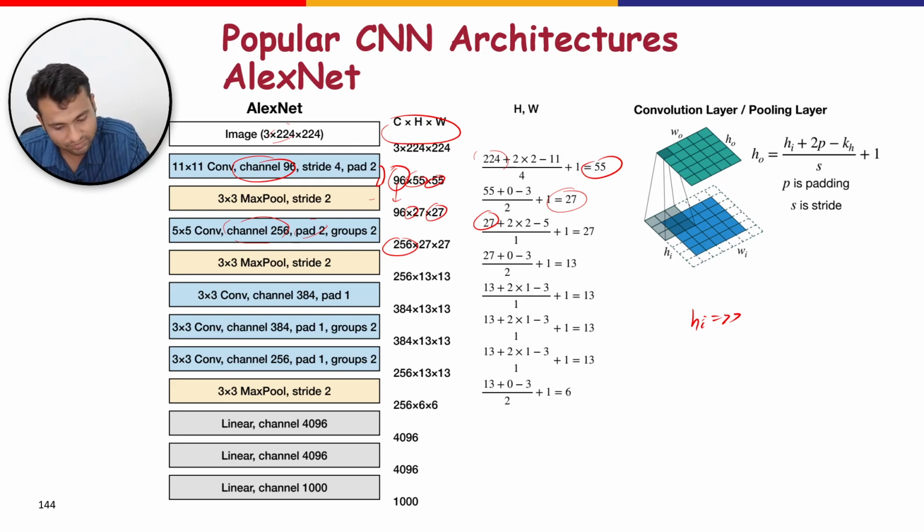And then we have the kernel height of 5. Here grouping basically you can take as a reference to the padding which we are doing. The number of groups is affecting the padding, and stride is here just 1. So if you apply the formula, you get 27. So 27 cross 27. This becomes the input to the max pooling layer with stride 2.